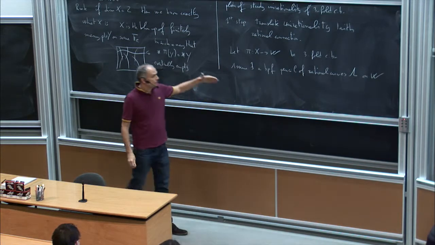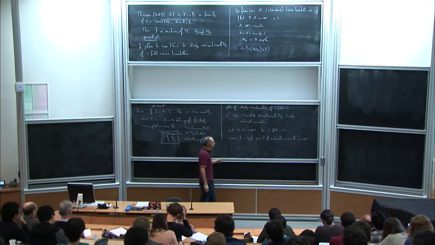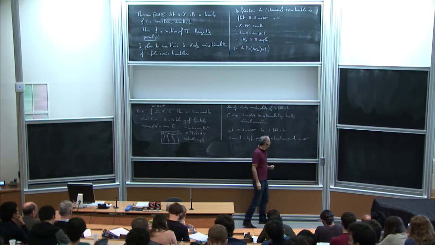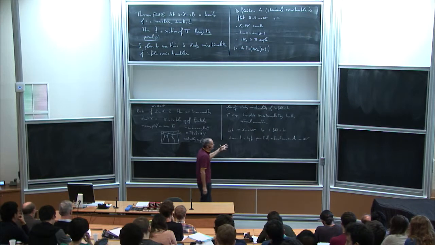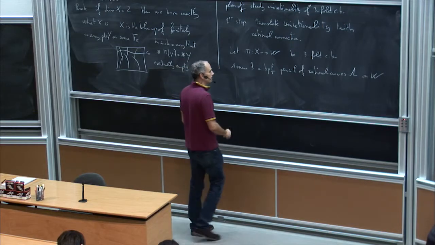As we'll see, I'm going to make some assumptions on W, but we will see that these are essentially not very difficult to satisfy, and are satisfied in any case that we are interested in. Okay?